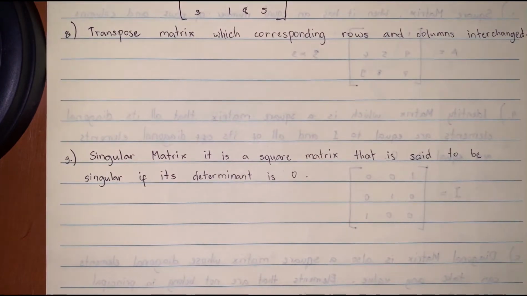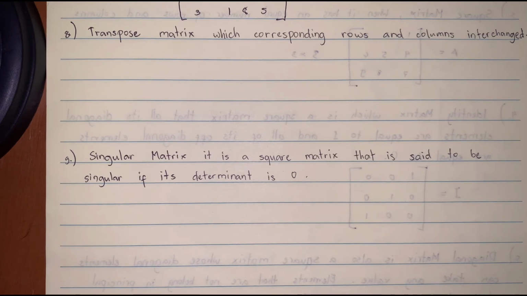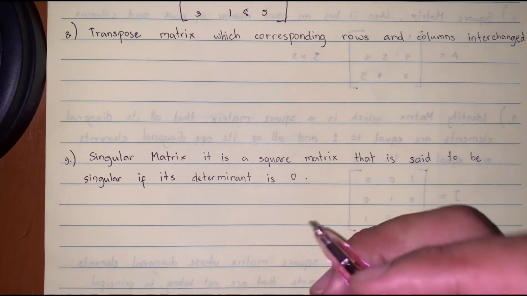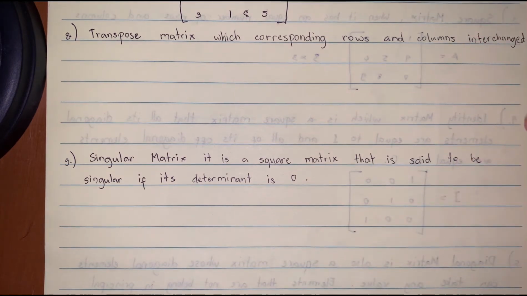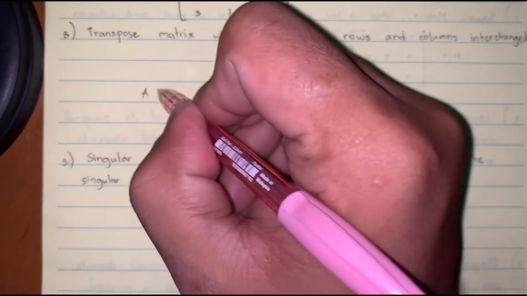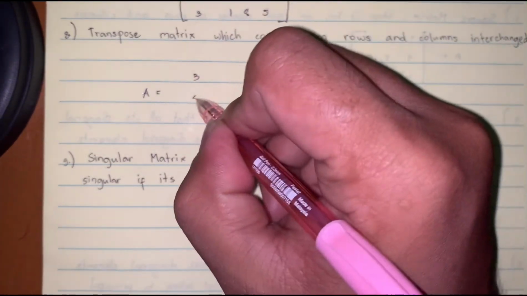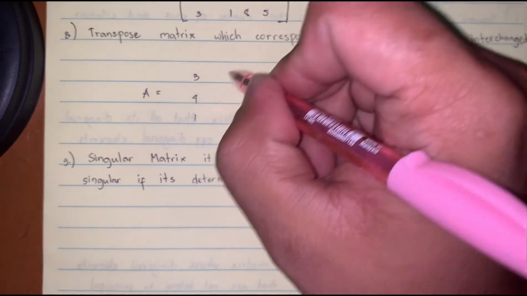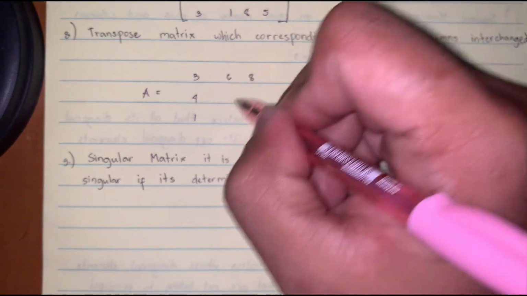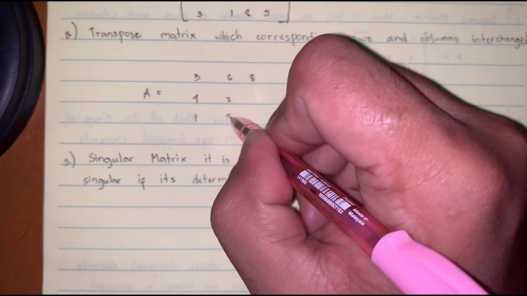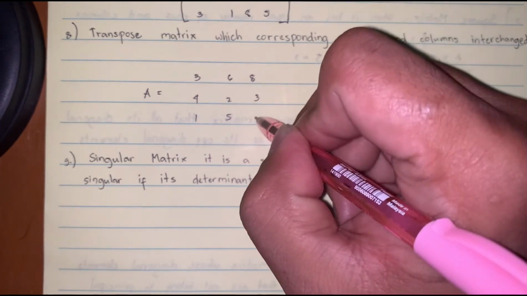Number 8, transpose matrix, in which the corresponding rows and columns are interchanged. Sabi ko nga kanina, pag magta-transpose, yung column magiging rows, yung rows magiging column. Example, 3 4 1, 6 8 2, 5 3 6.